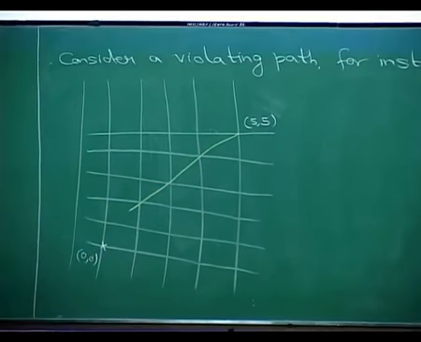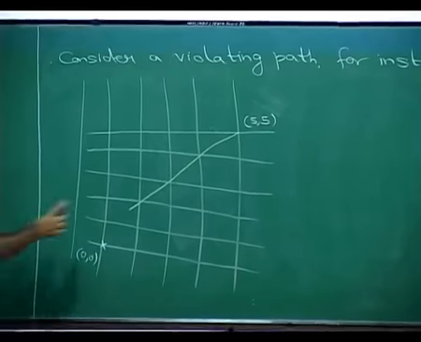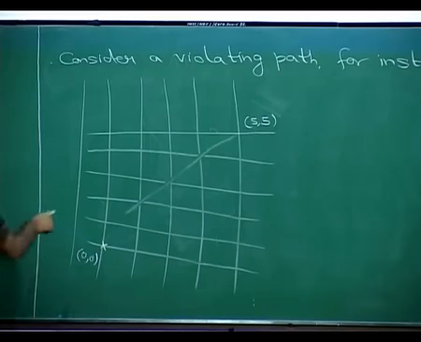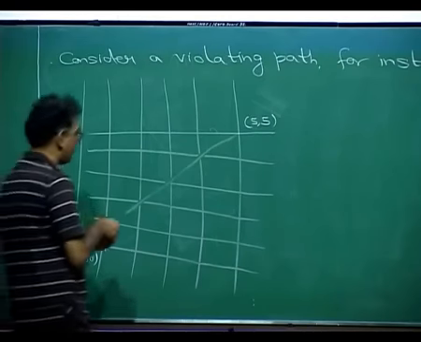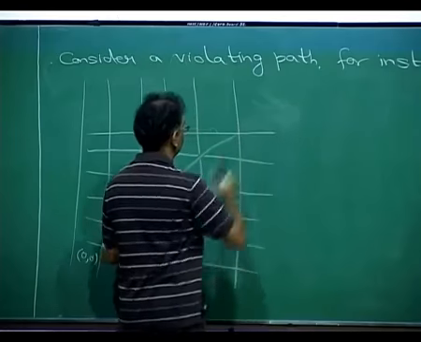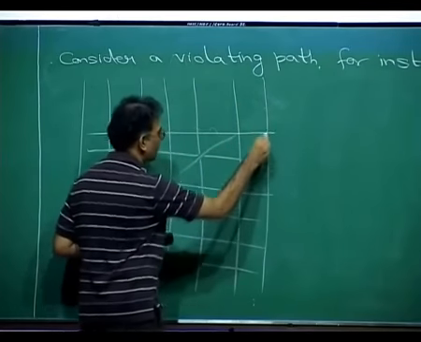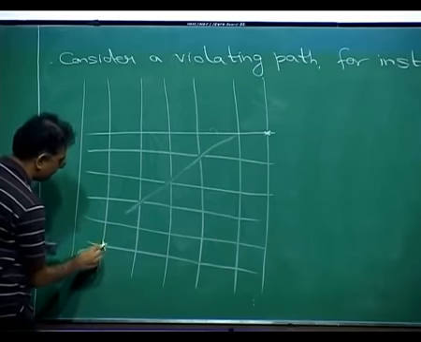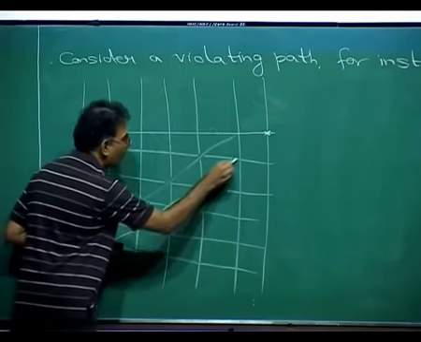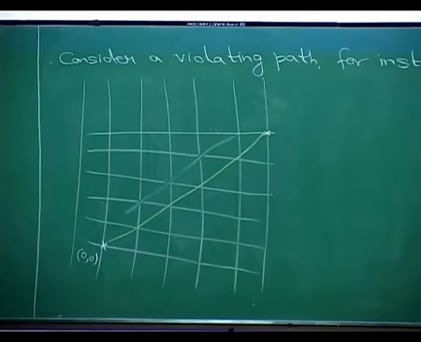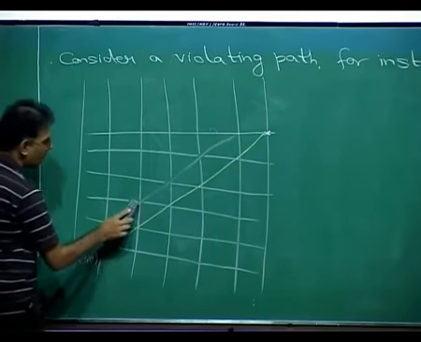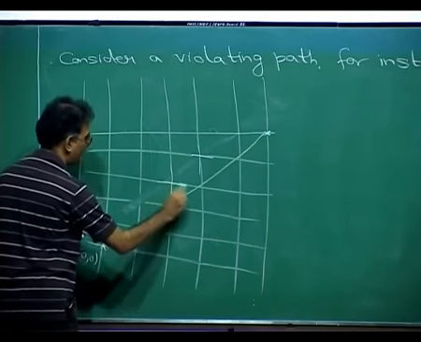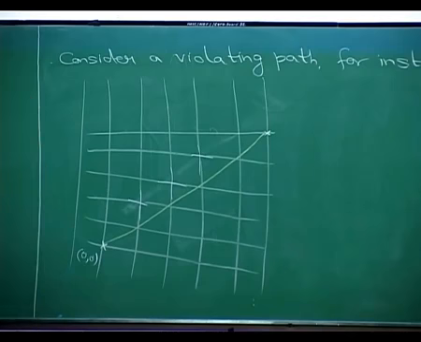Oh, sorry. So which point did I actually take there? I took 4, comma 5, so I have to take 5, comma 5, which is here. Then draw the diagonal. And I'll take a path which violates the condition, which goes below the diagonal.